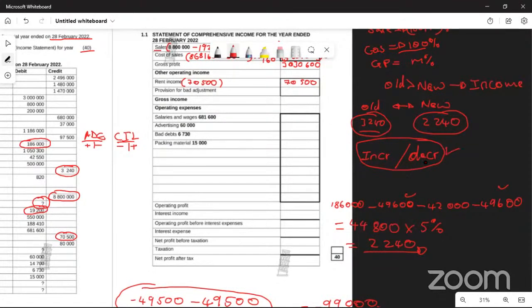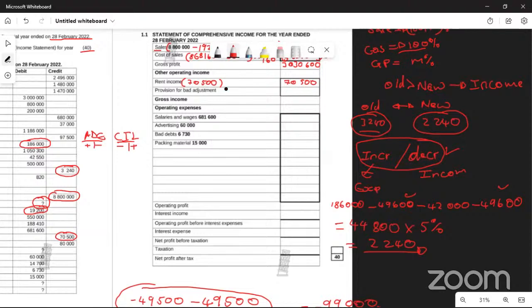So what decreases is an income, and what increases is an expense. Okay, these are very important to know.